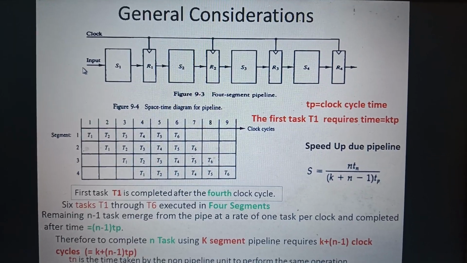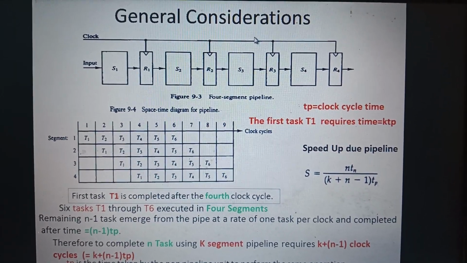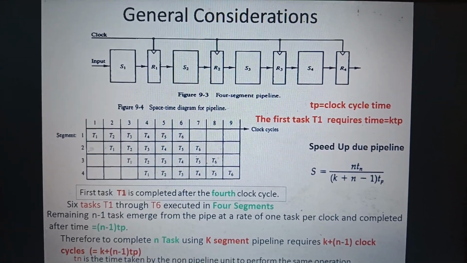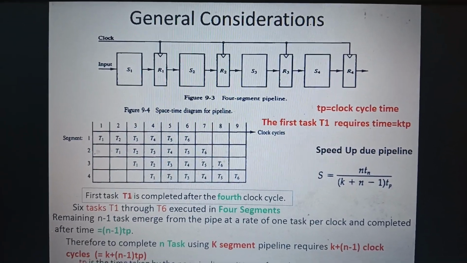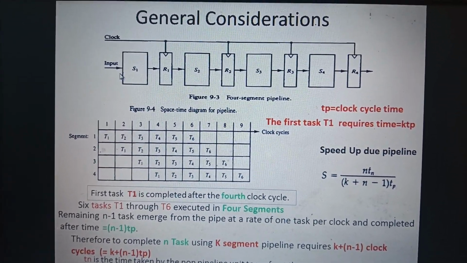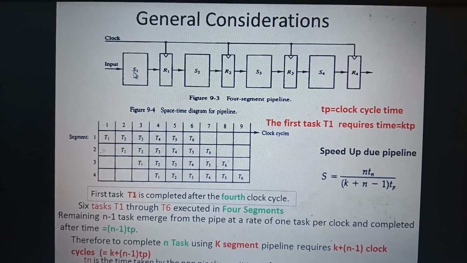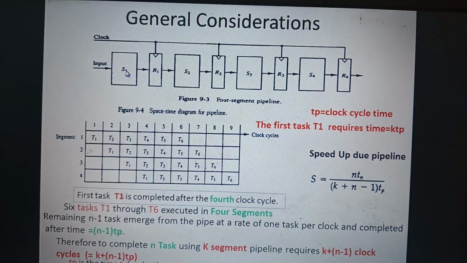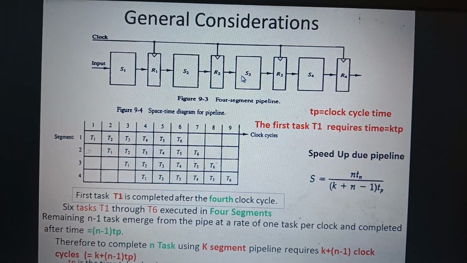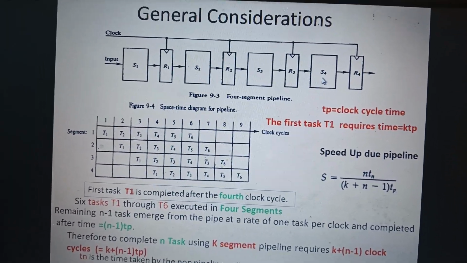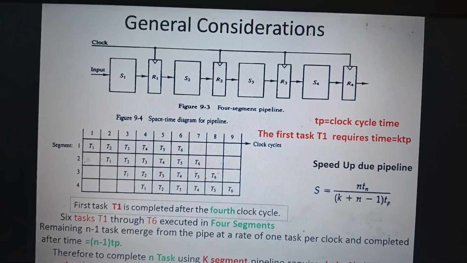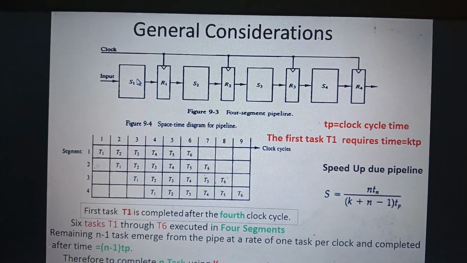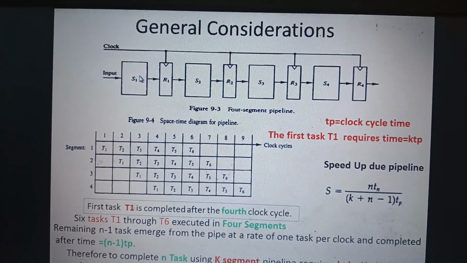Here, this is a general consideration of pipelining. Some jobs we are dividing into four segments: S1, S2, S3, S4. In the previous class, we studied how any job can be divided into different segments.